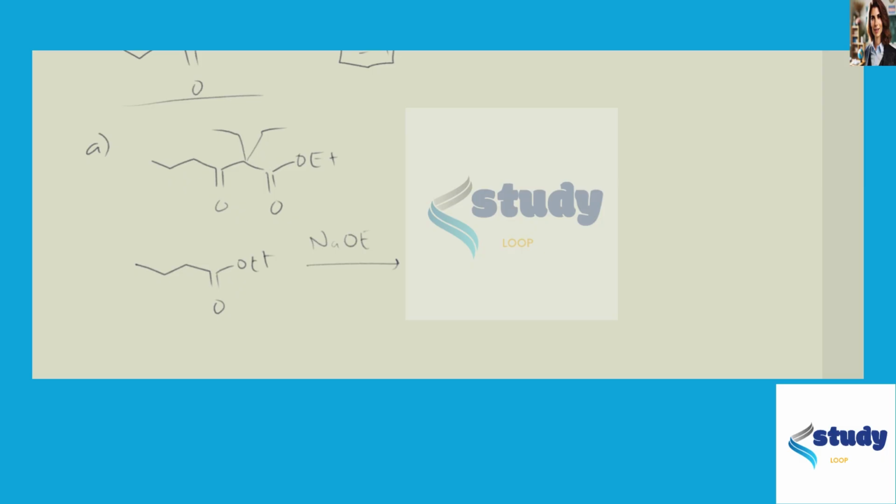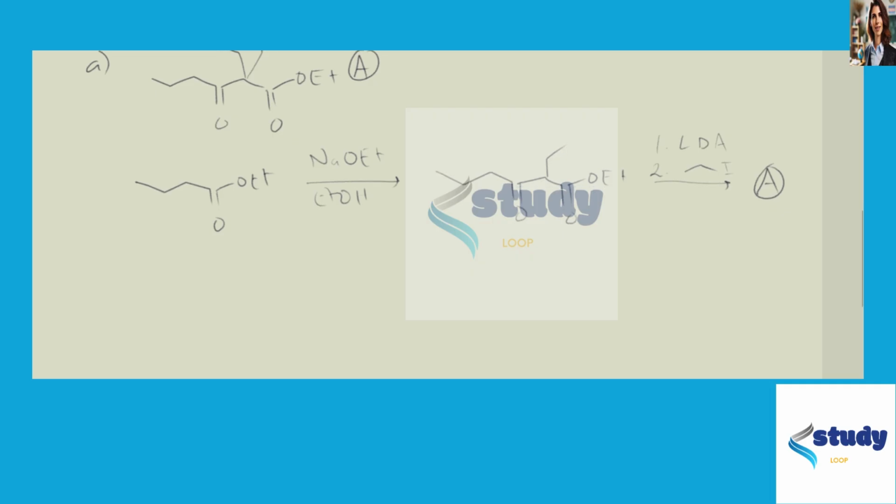So if you use sodium methoxide and ethanol, we can get to this compound, and next we can just use some LDA on the first step, and then ethyl iodide in order to access, I'll label this A, the first product, A.